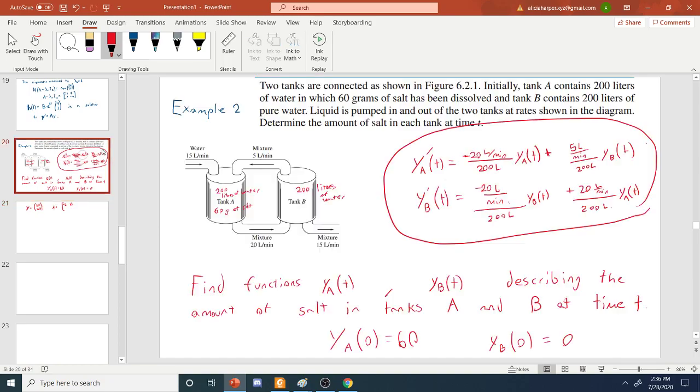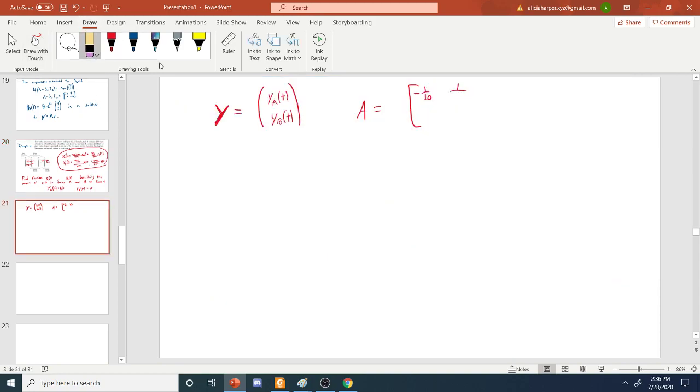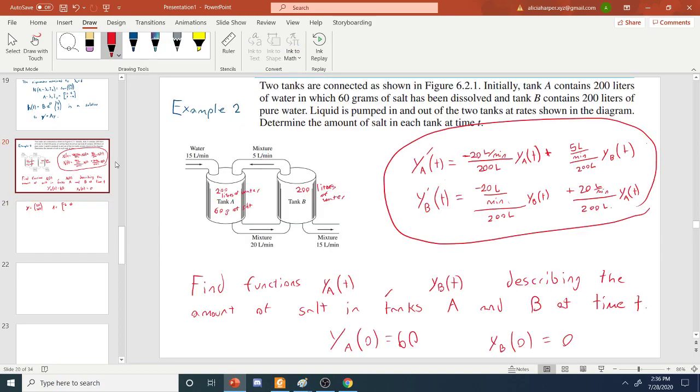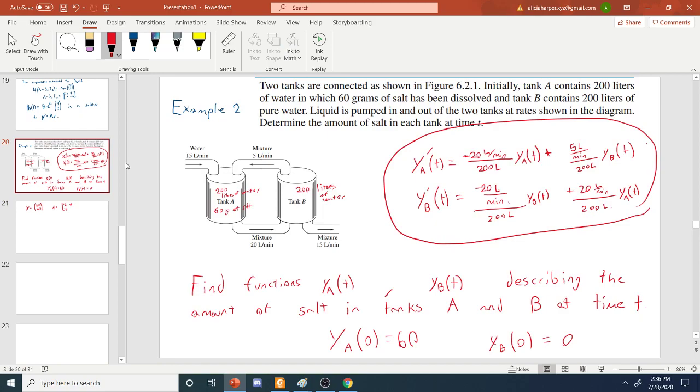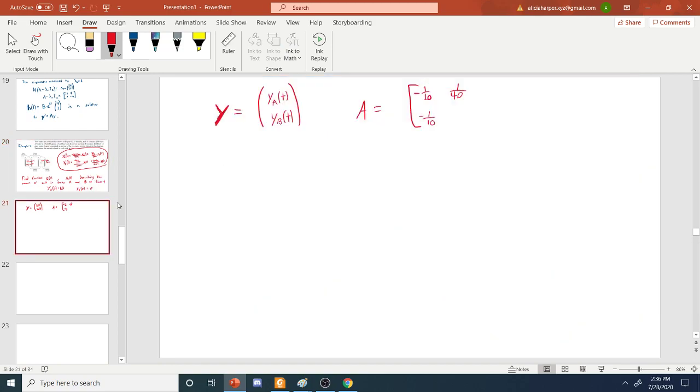Actually, no, I'm being an idiot. That is 1 over 40. And then negative 20 over 200 here is, of course, the same as negative 1 over 10. And then the plus 20 over 200 here is the same as positive 1 over 10.